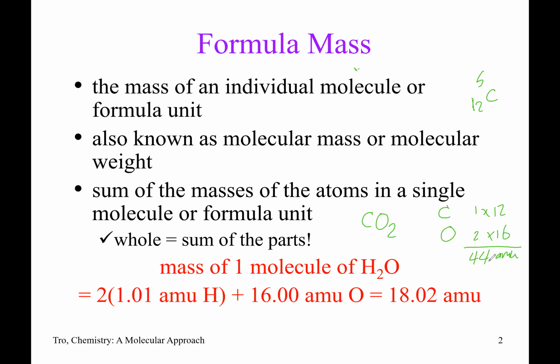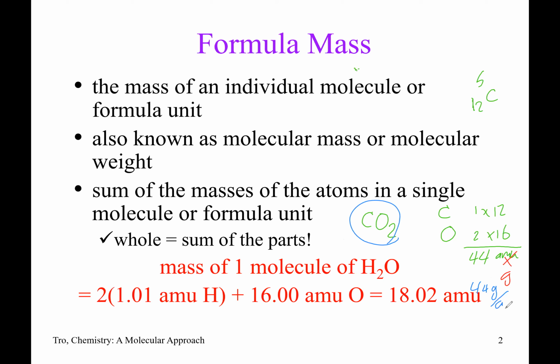But that's not a workable number. It's a very small number. What you do then is change that AMU to gram, and you express the number in gram. That would be the mass for 1 mole, or molar mass.